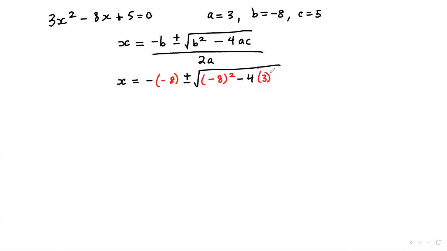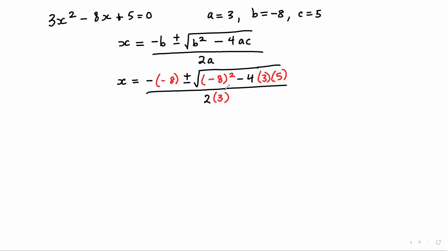Let's write out each of them. So 3 and 5, yes, that is 15, correct. All over 2 times 3. Good job, Zafi.